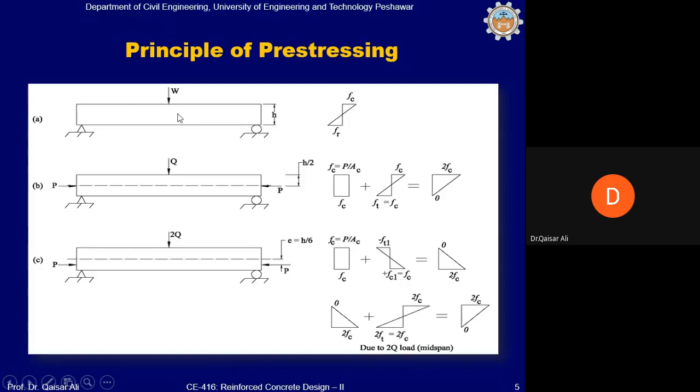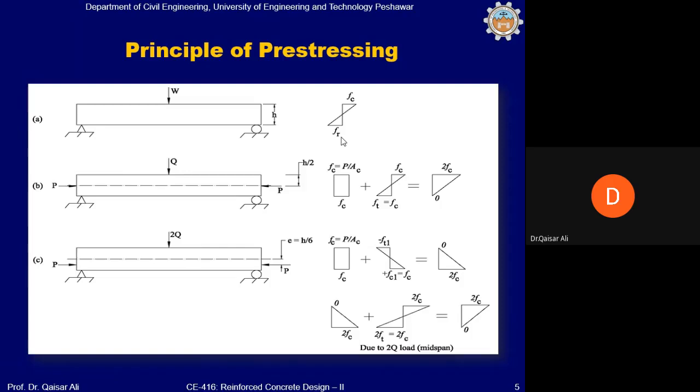So the maximum bending moment occurs at the midspan, so maximum tensile stresses and maximum compressive stresses will occur at the midspan, because F is a function of M. As you move towards the support, with the decrease in bending moment, tensile stress and compressive stresses both will keep on decreasing towards the support, and finally at the support these stresses will be zero because M is zero at the support.